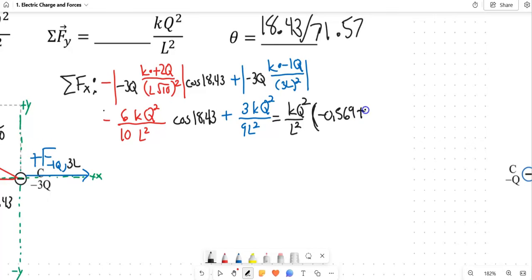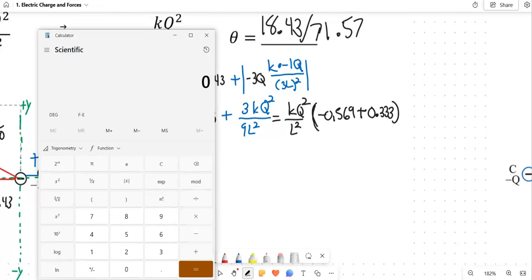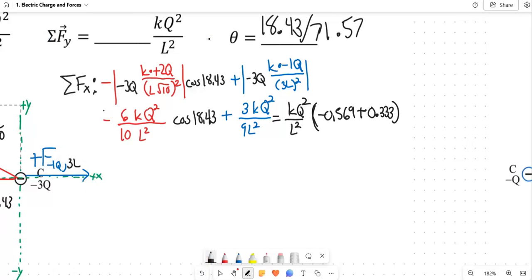Plus 3 over 9, which is going to be 1/3, which is 0.333. Okay, so this is going to work out to be negative 0.569 plus 0.333.